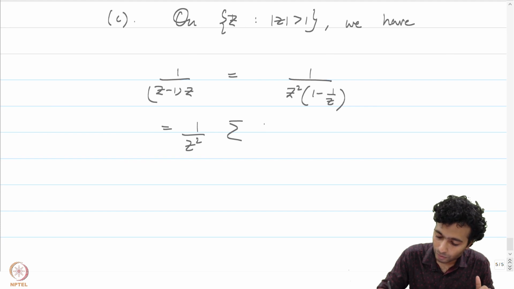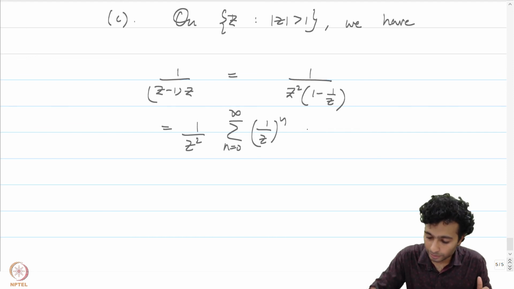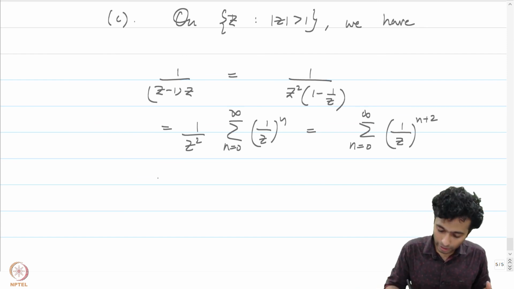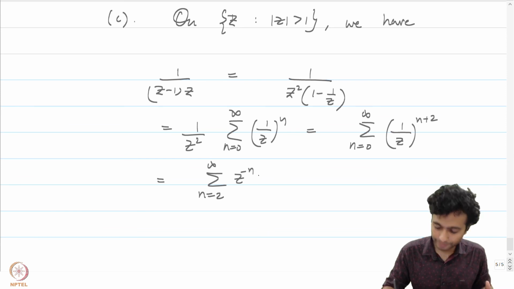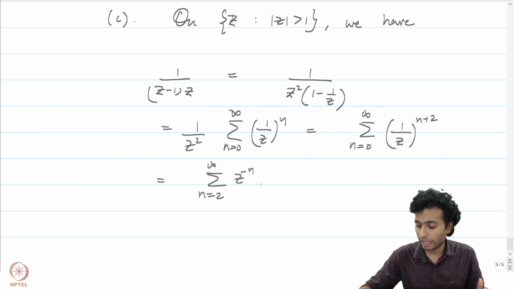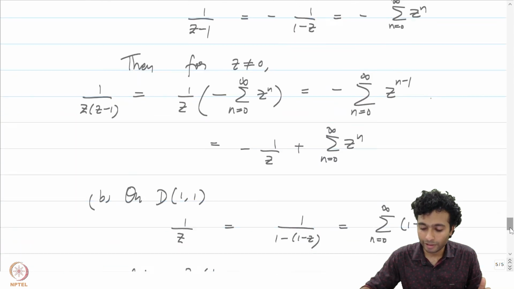This is going to be summation of (1 by z) to the power n, where n goes from 0 to infinity, and that's going to be equal to summation n equal to 0 to infinity of 1 by z to the power n plus 2, or this is equal to summation n equal to 2 to infinity z to the power minus n. So notice that on two different annuli centered at 0, we have distinct Laurent series expansions. They are not similar. However, once we fix an annulus, we get to have a very unique series expansion.